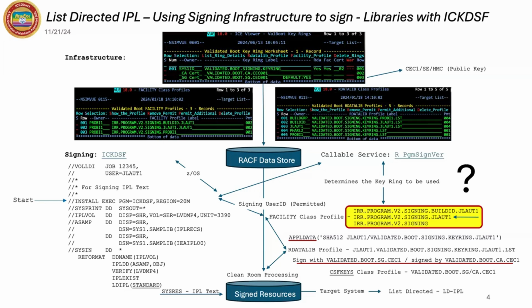But it does not appear when the IPL text is signed. Instead of the fingerprint, another component of a certificate is embedded in the signing of the sysres volume, which is referred to as a subject key ID.